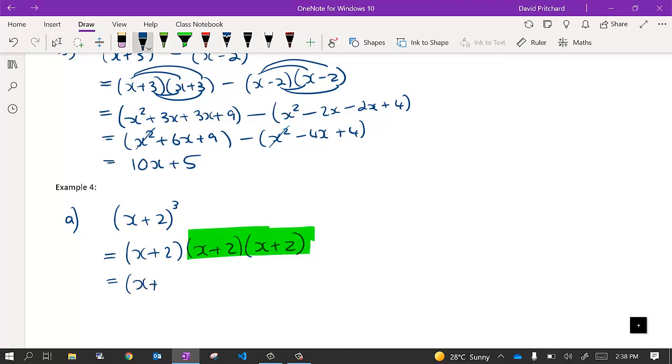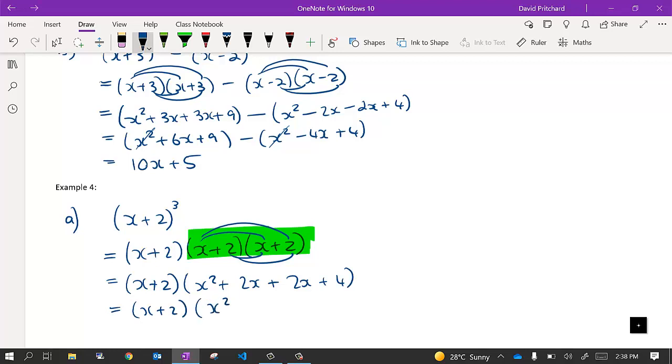So x plus 2. When we expand out this pair, we get x squared plus 2x plus 2x plus 4. So we've got x plus 2 and x squared plus 4x plus 4.